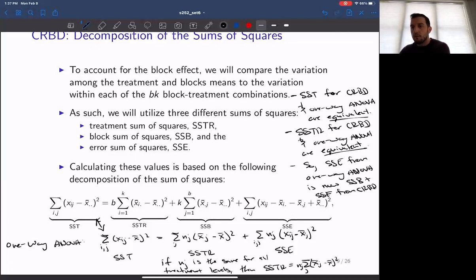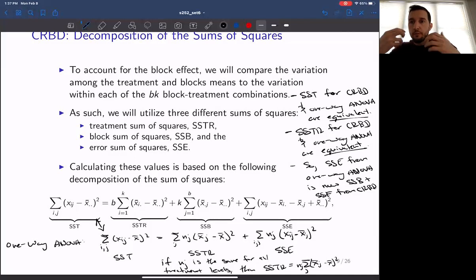Okay, so what I'm trying to communicate is that you have a one-way ANOVA. The one-way ANOVA says let SST be SSTR plus SSE. Now you have a completely randomized block design. The completely randomized block design says use the exact same SST, use the exact same SSTR, but take the SSE and break it up into two terms, SSB and the new SSE.